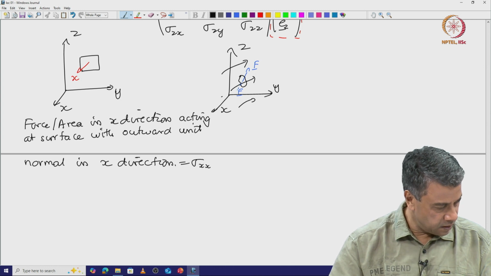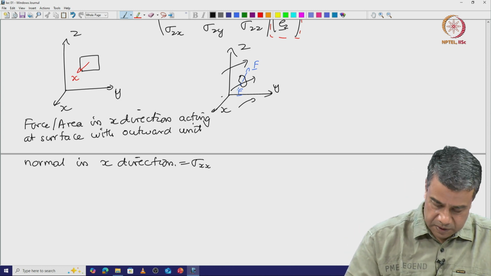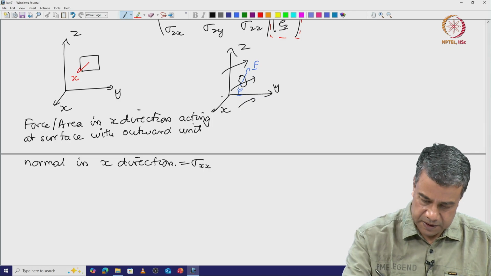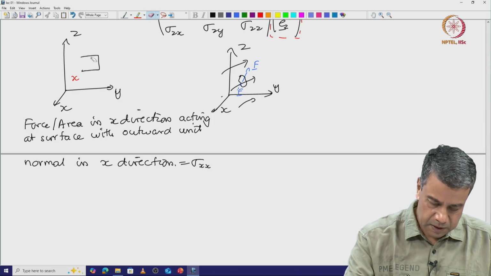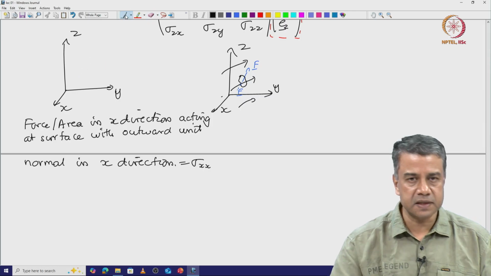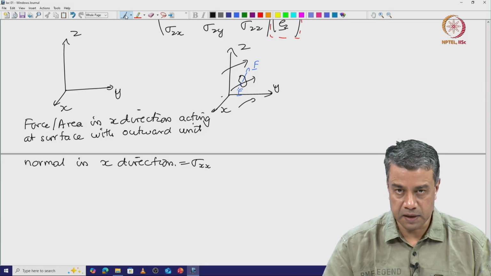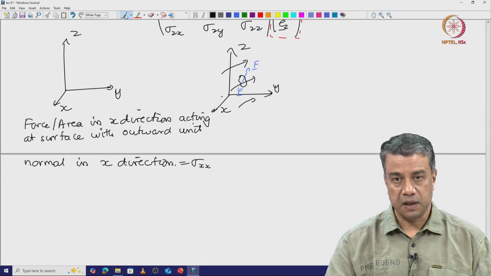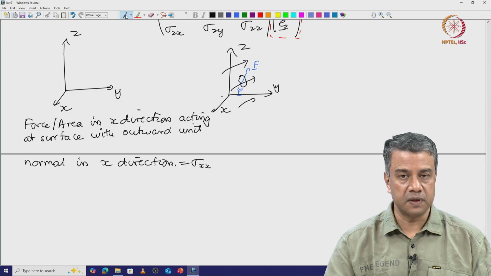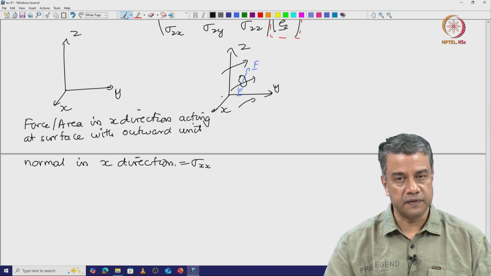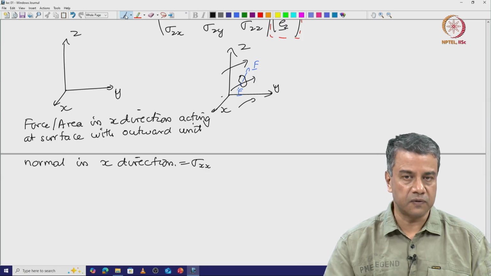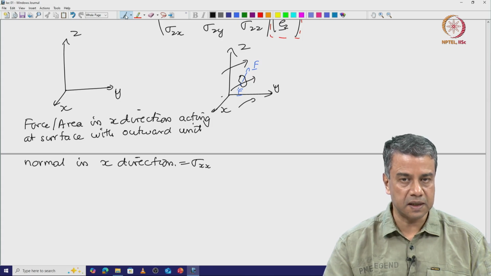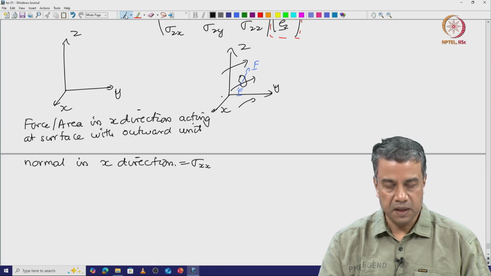So, at a given point in space, the force exerted depends upon the orientation of the surface. However, the stress is independent of the orientation of the surface. It is defined uniquely at each point in space, such that the stress dotted with the unit normal gives you the force exerted at that particular surface.